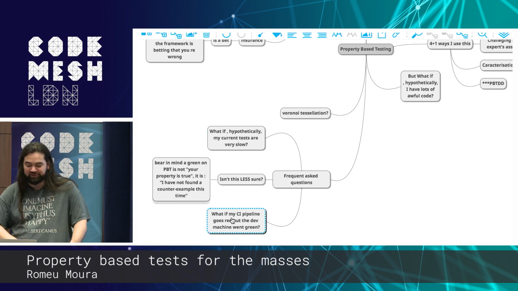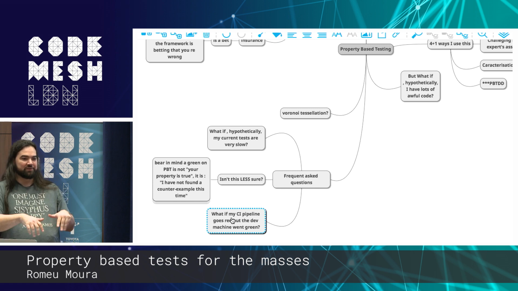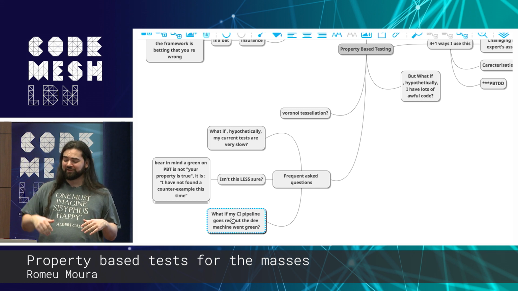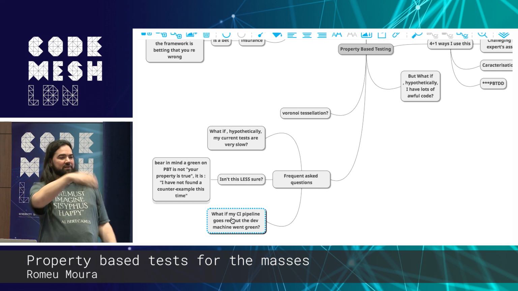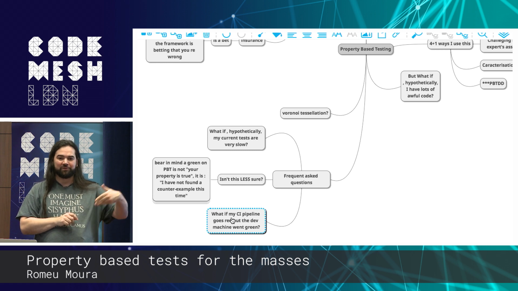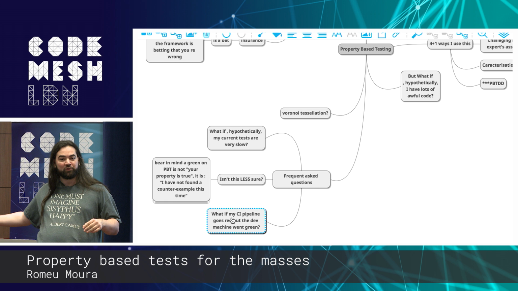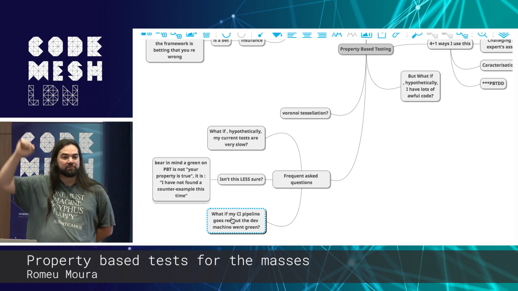I don't know why I have this question, but I usually have it: what if everything is green on my machine when I'm coding, my tests all pass on my machine, and then I put it in a continuous integration pipeline, try to make a build, and then the build fails? And my answer is, you do exactly what you would do if some QA people arrived and said, hey, I found a bug.